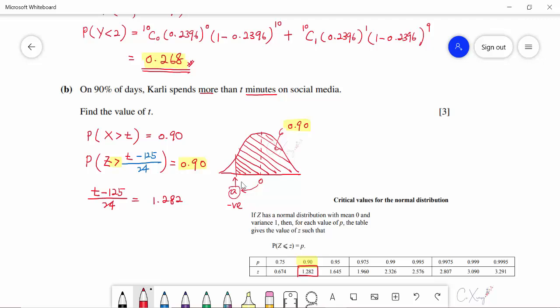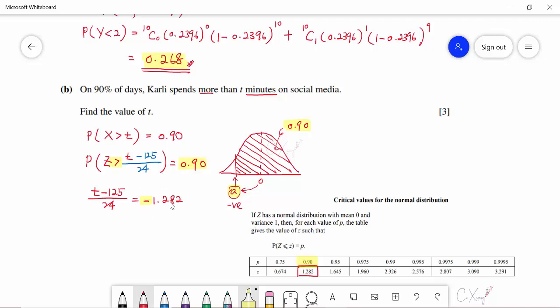So t minus 125 divided by 24 equals negative 1.282. The use of the diagram here is to help you decide whether your z value should be positive or negative. From the graph, it is very obvious that it is a negative value, so you just put a negative after you find out the value of z.